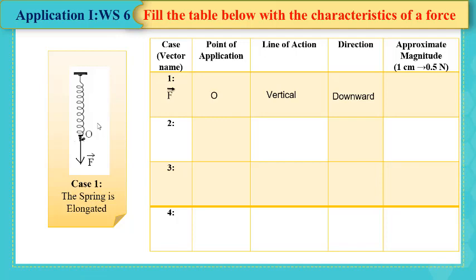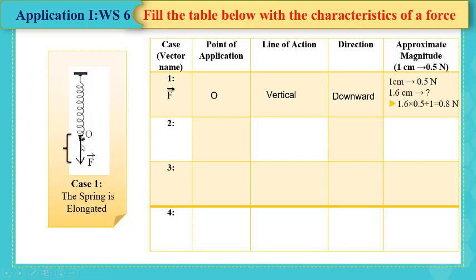What about the magnitude? How can we calculate it? To calculate the magnitude, we should use a ruler. We should take the length of the vector that we have from the point of application till the end of the vector. We should measure it by a ruler. Then we should use this scale. Each 1 centimeter gives 0.5 Newton.